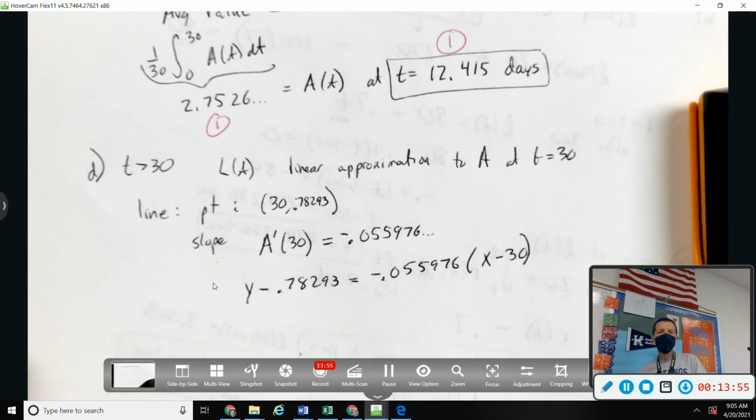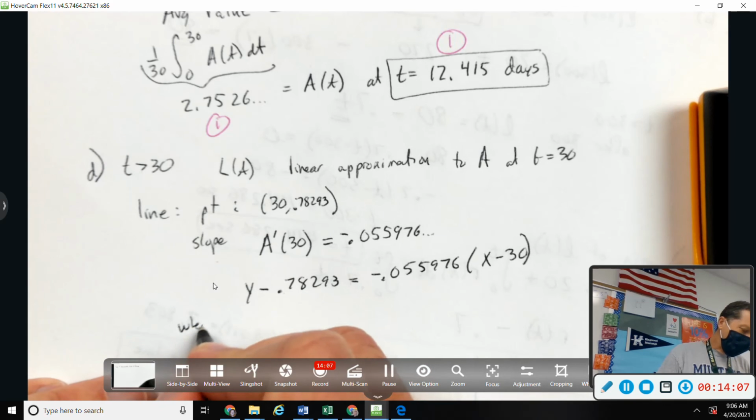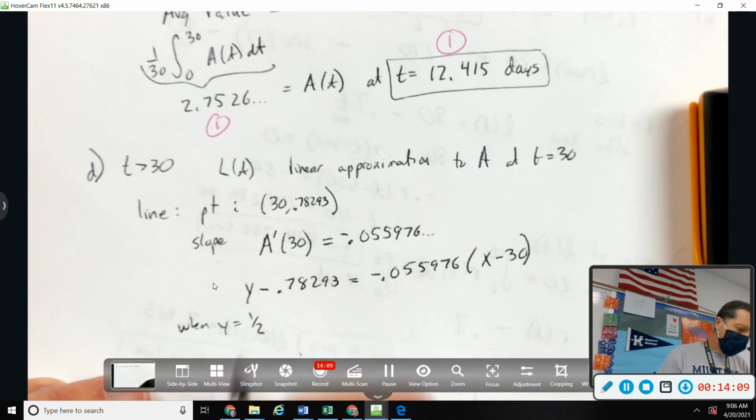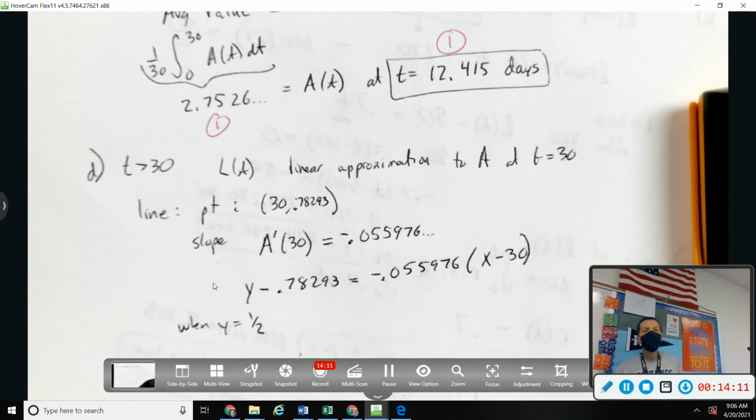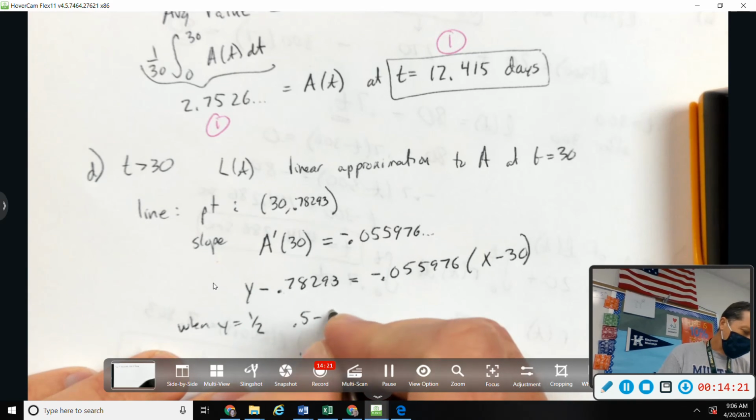Or maybe t minus 30, but they would not take off for that. So I want to know when y is equal to 0.5, what is x equal to? How I solve that, I could go to the calculator, or I could just put 0.5 in for y and do the algebra.